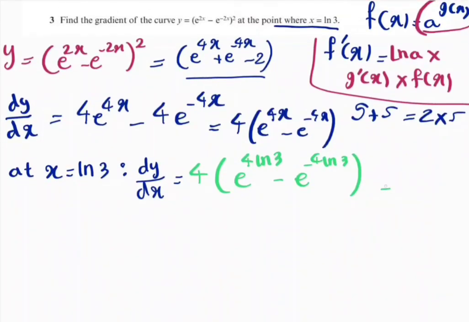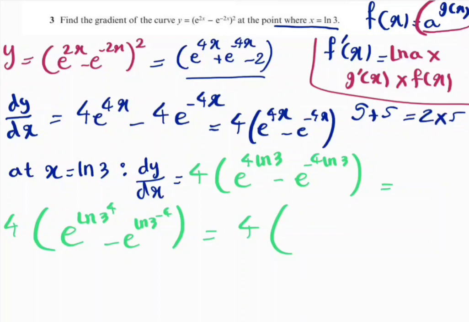And now let's simplify this. 4 times e to the ln 3 to the power of 4, using the log laws, minus e to the ln 3 to the power of minus 4, is equal to 4 times, so e and ln cancel each other out, and we are left with 3 to the 4 minus 3 to the minus 4.